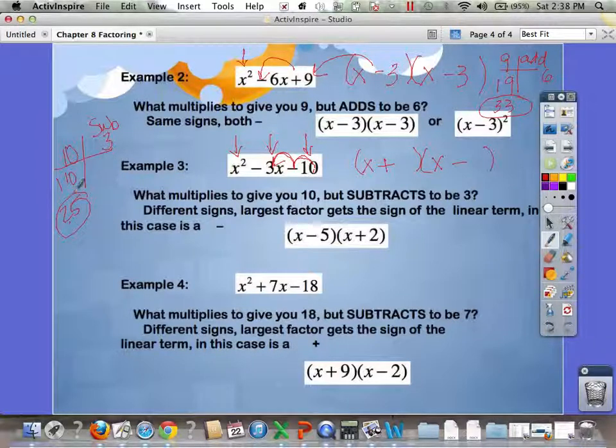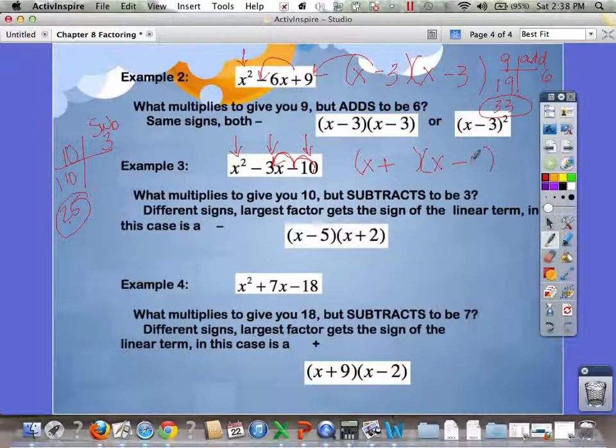2 and 5. Okay, so now the trick with this is we have to have a -3 out of these two numbers. Okay, so which number of these two is the biggest number? Well, 5 is the biggest number. Well, 5 will get whatever sign is right here.